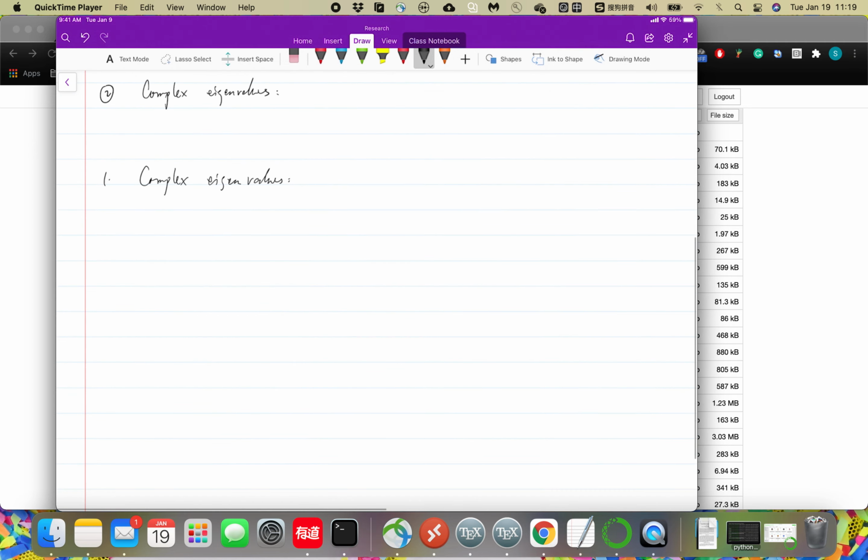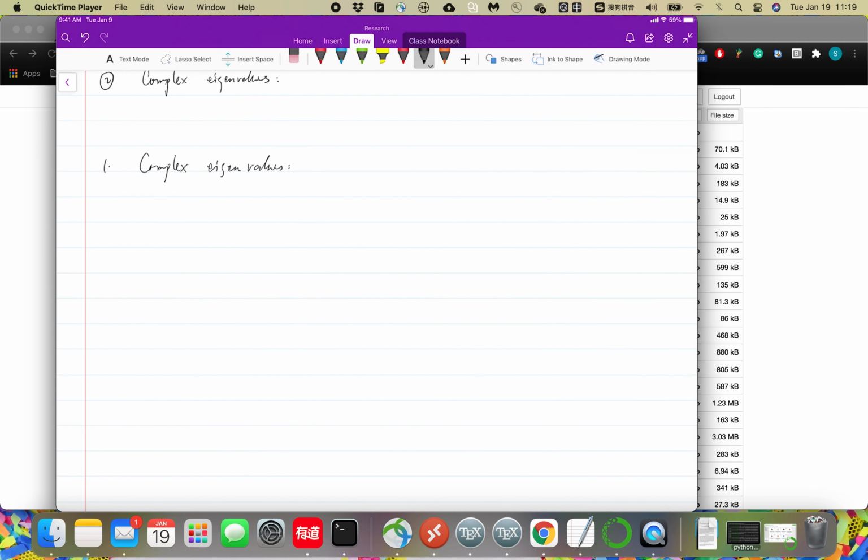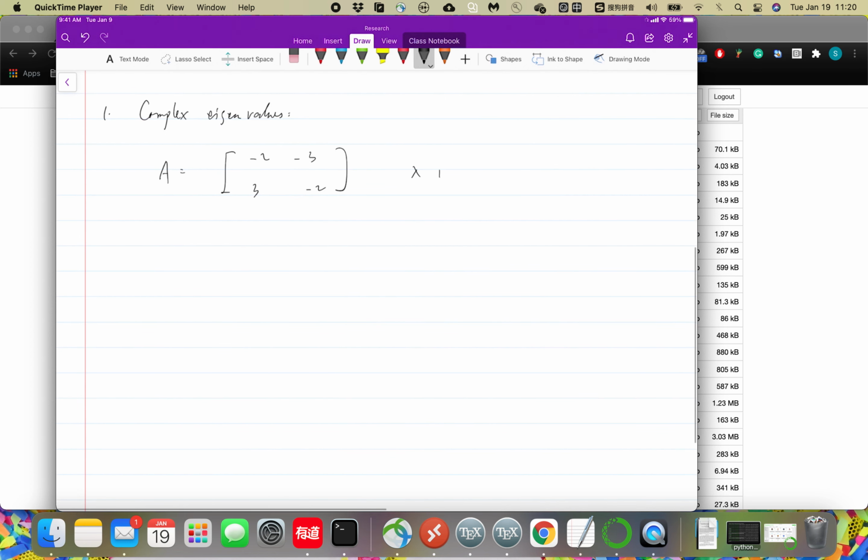The first thing you want to keep in mind is why we have eigenvalues which are complex. Let's take an easy system and do the same operation we have done so many times before, and try to figure out what is lambda, what is v.